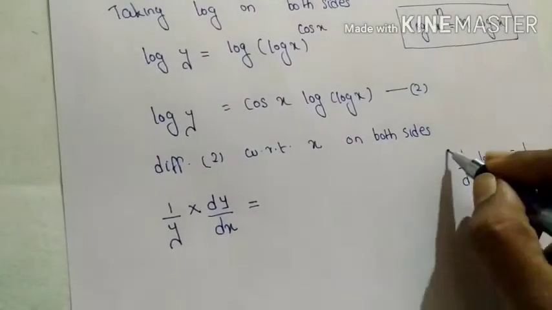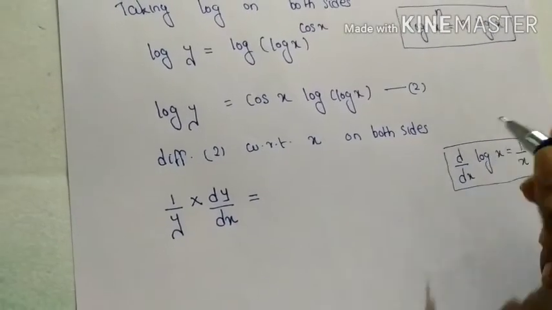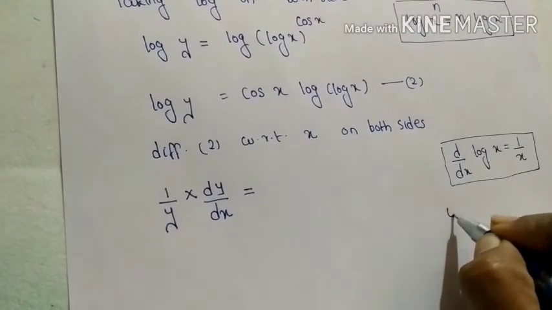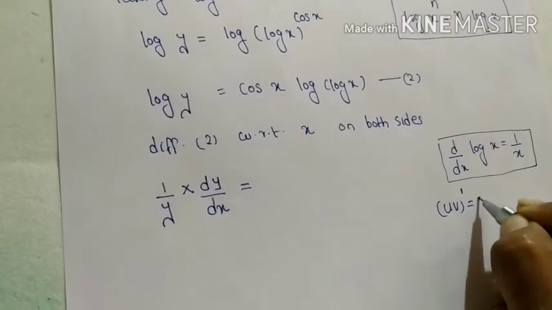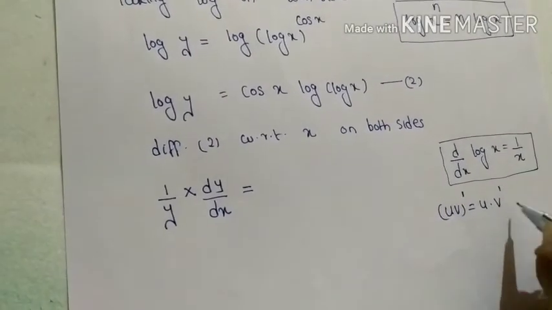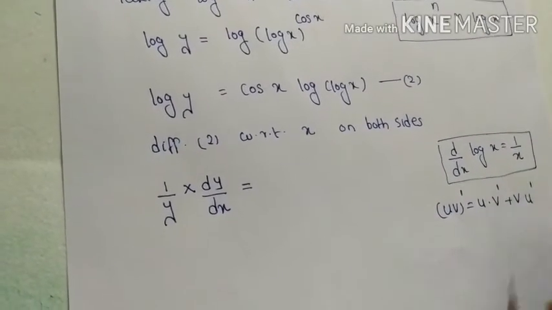So we know that the product rule is (uv)' equal to u into v' plus v into u'.